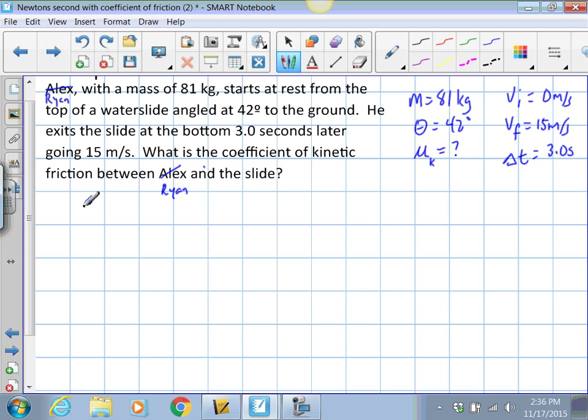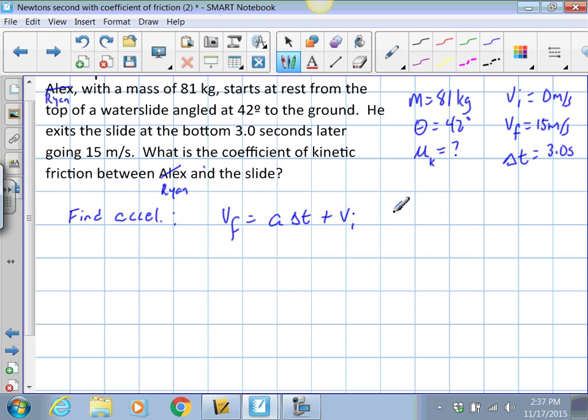All right, so from the kinematic data, we should be able to find acceleration. Okay, so we've got VF, VI, delta T. We can use VF equals A delta T plus VI. There may be another equation we can use, but this is probably the simplest.